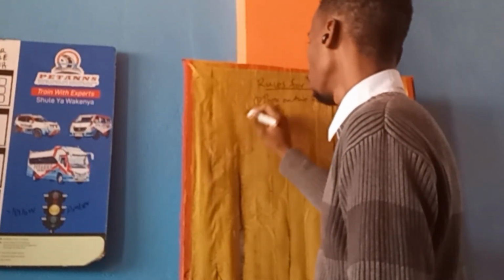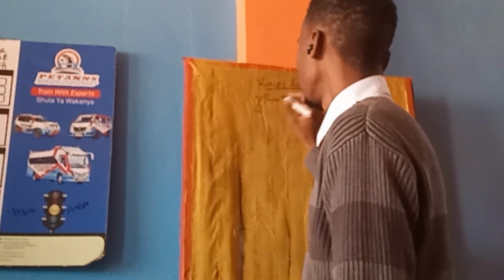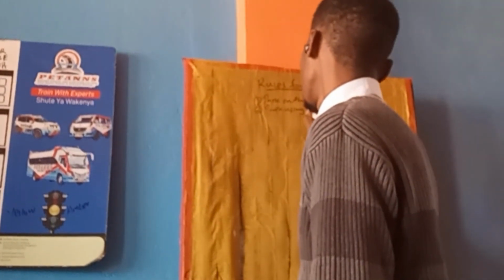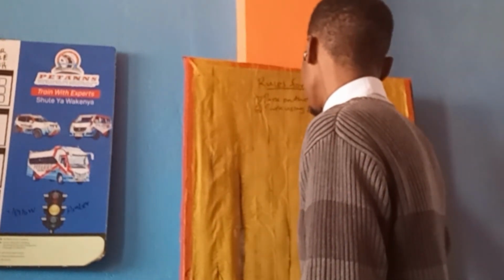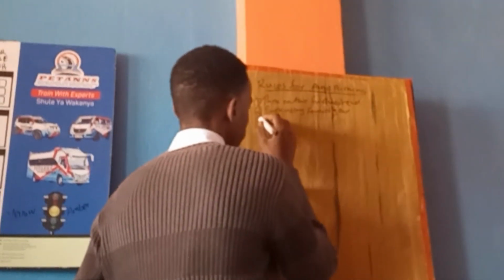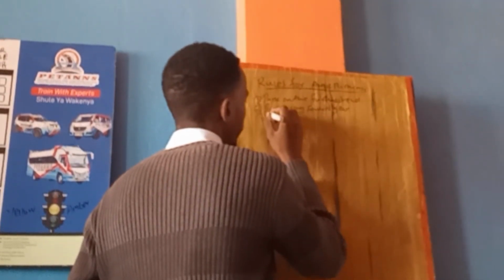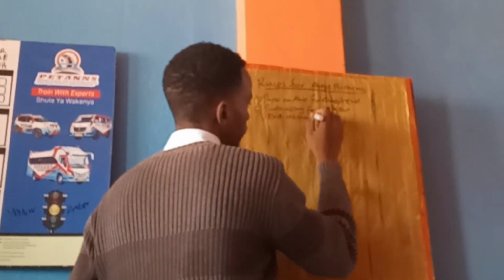Number two is you park using the one here. Number three is exit using the reverse.